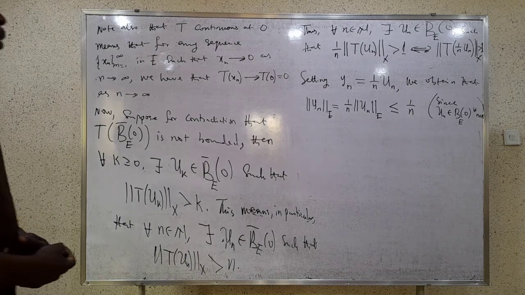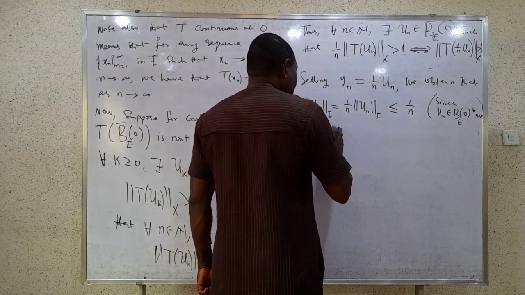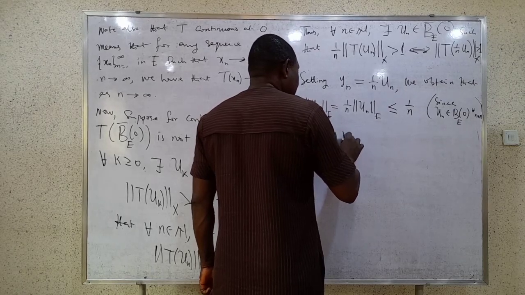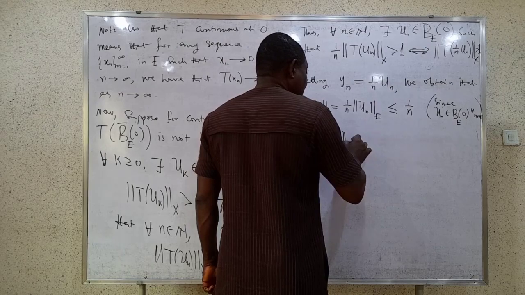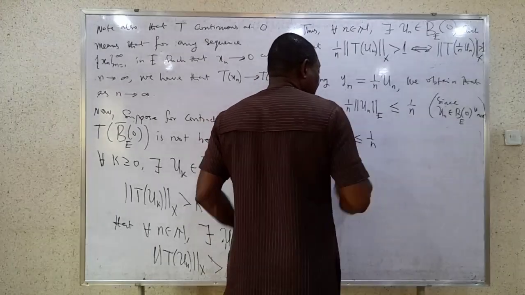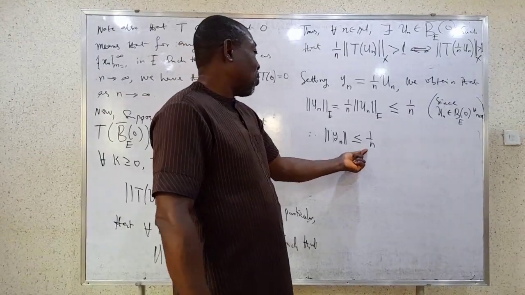So what have I got? Therefore norm of y_n is less than or equal to 1 over n.